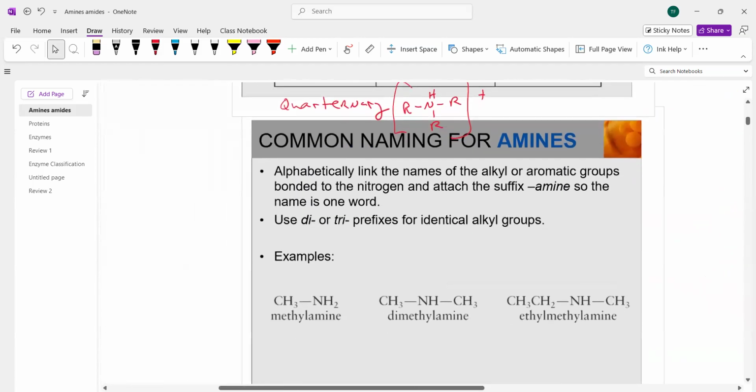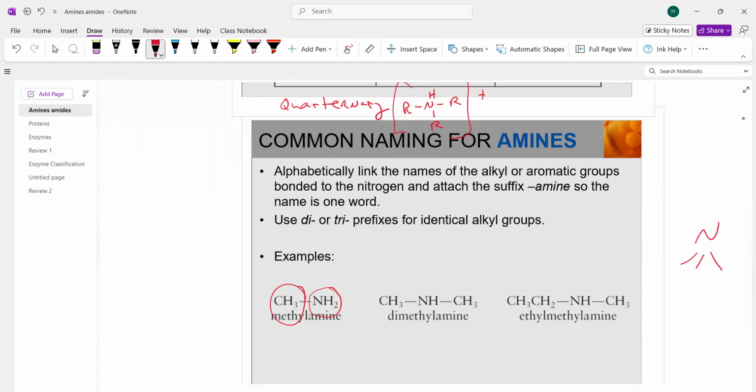Okay, and frequently amines are used in a common naming format. And what you do is you name the amine and then its group hanging off of it. And don't forget, nitrogen has 3 bonds, like when we do Lewis diagrams for nitrogen. So if it's methylamine, that means one of them is a methyl group and the other 2 are hydrogens.